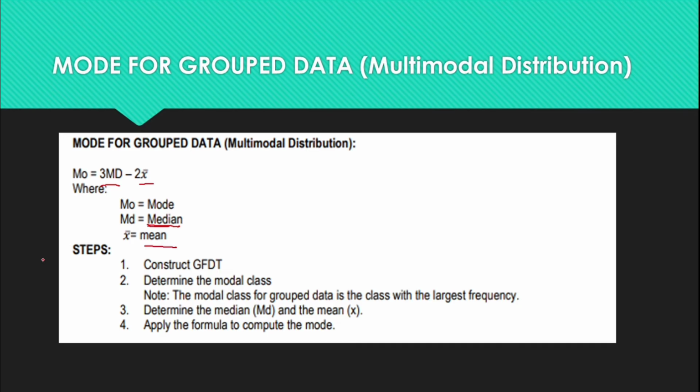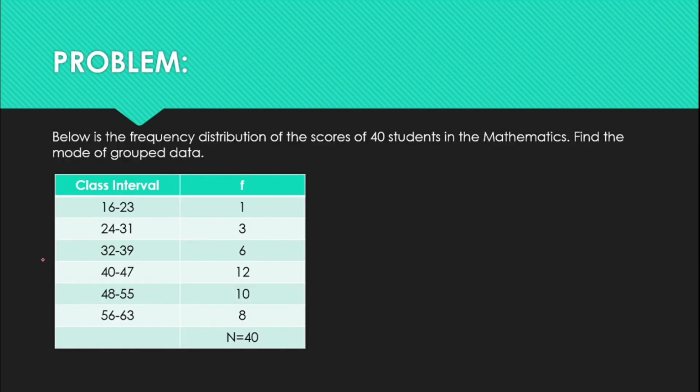So this is the formula when there is a multimodal distribution. The rough mode is given by the formula 3MD minus 2 mean. The problem below is the frequency distribution of the scores of 40 students in mathematics. Find the mode of the group data.